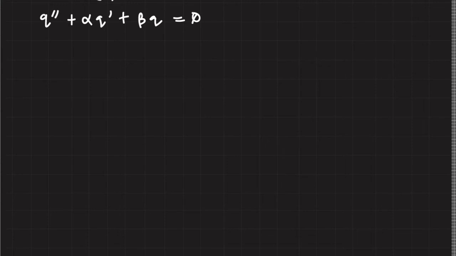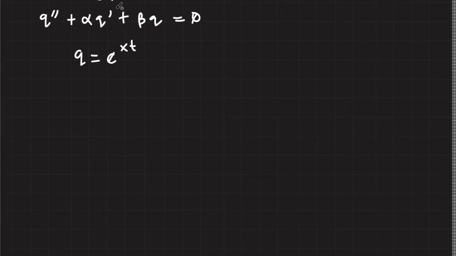Recall that an exponential function has derivatives that are multiples of itself. So such a function will have a form similar to our equation if we take its first and second derivative. Therefore, let's begin with q equals e raised to xt.